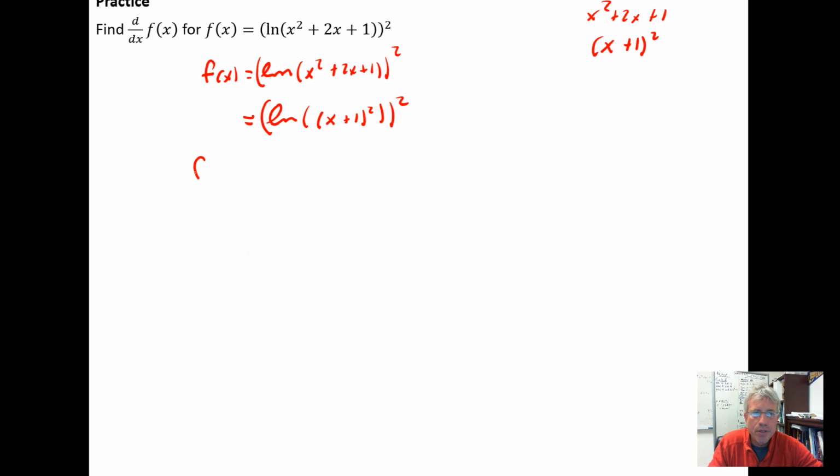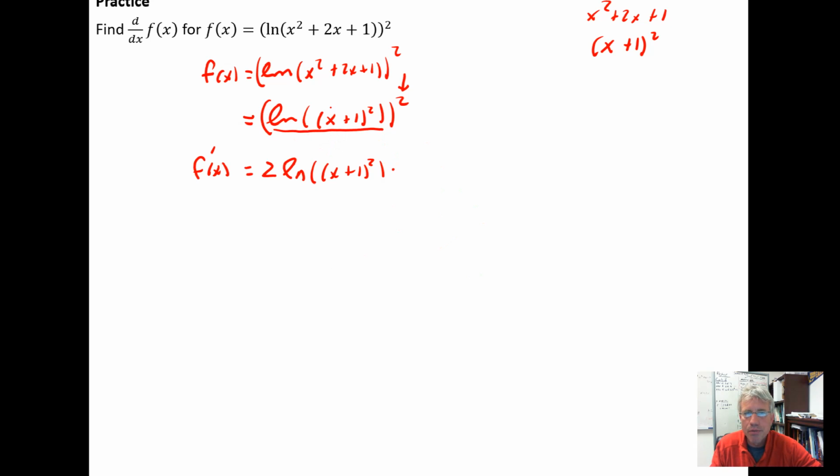So to take the derivative, f prime of x, I need to take the derivative of the outer function, which is the squaring function. So the 2 is going to come down. I'm going to get 2 times the function on the inside, 2 times the natural log of x plus 1 squared, times, now the chain rule says take the derivative of the inner function.